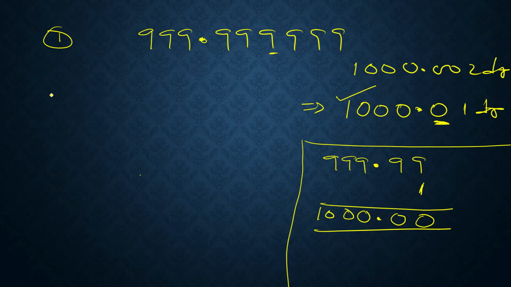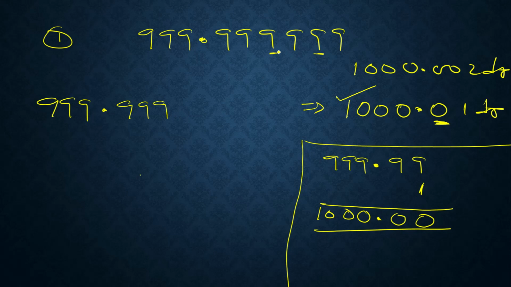Now to four decimal places will be 1 2 3 4, so 999 point, so 1 2 3 4. The next number, that is the fifth one, will be more than 5, that is 9, so I'll add 1 to this, making 0 0 0 0, so this one will be 99.